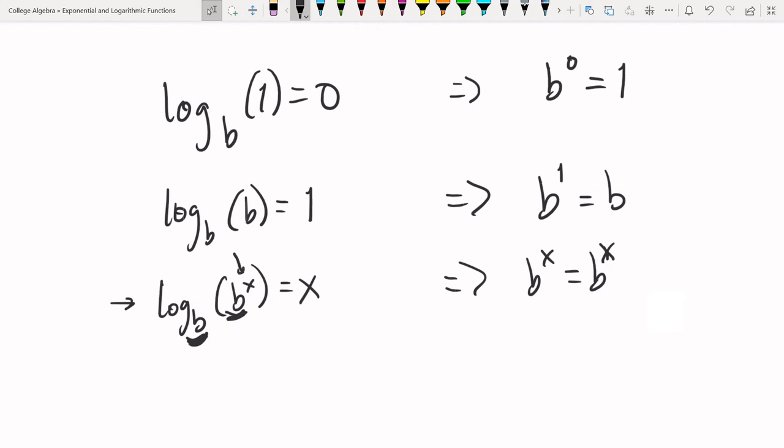They're inverses, so they cancel. And just like this one, the flip side is b to the power of log base b of x. Once again, we have a base of an exponent of b and a logarithm base b. They cancel each other, and we get just x.